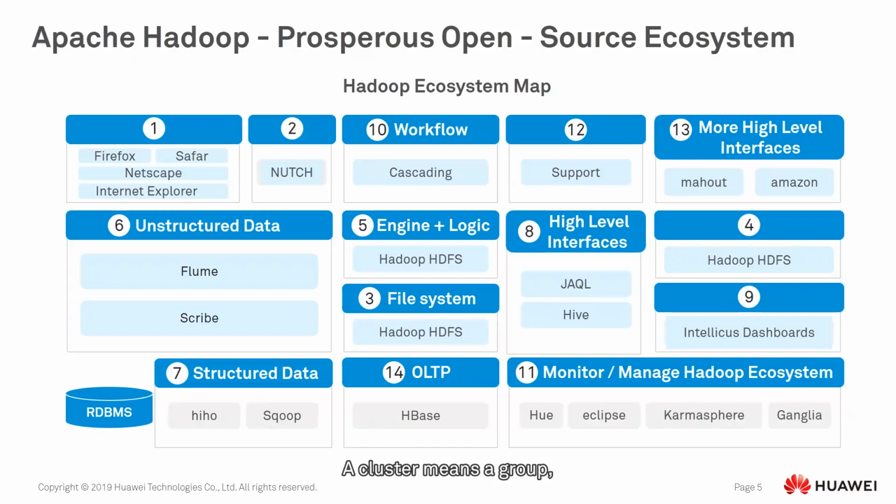A cluster means a group. When we have multiple independent servers, we can group them to work together to ensure high availability, scalability, and reliability, so that we can form a server cluster.